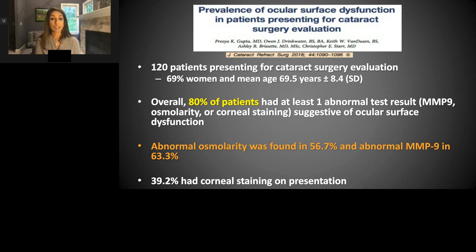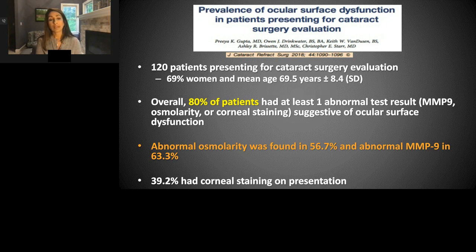Specifically, we used the MMP9 test, the osmolarity test, and then also our clinical exam looking for corneal staining. So 80% of the patients that we are seeing for cataract surgery have ocular surface disease. That's really the vast majority of them.